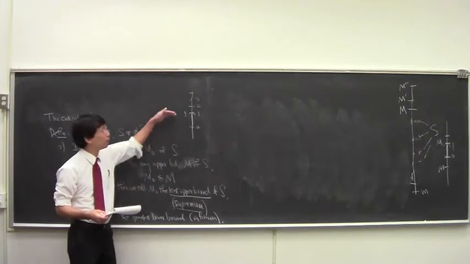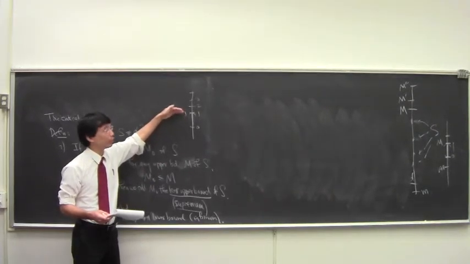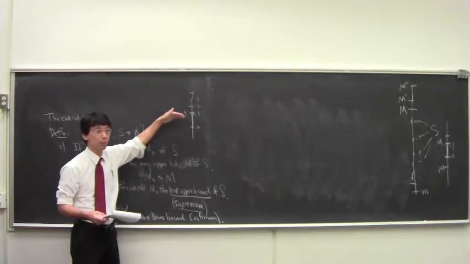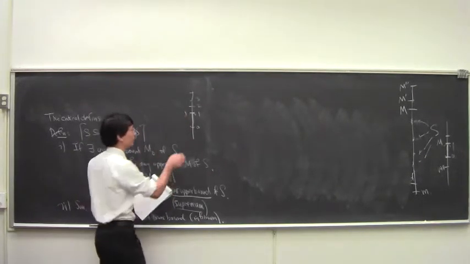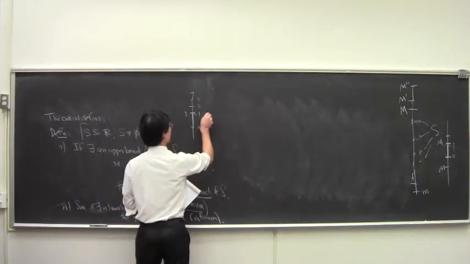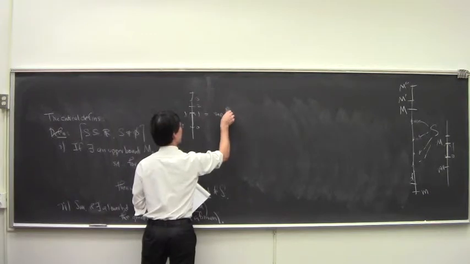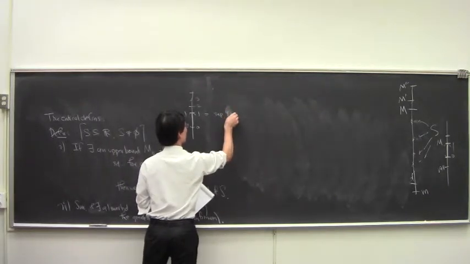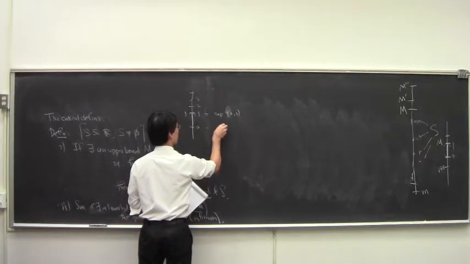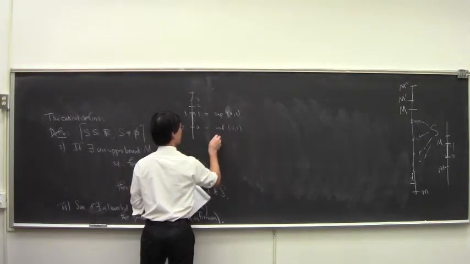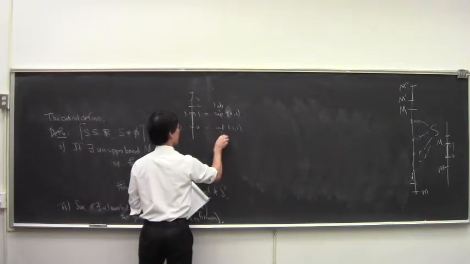But there's no upper bound that's less than 1. 1 is the least upper bound. So 1 is the supremum of the set 0, 1. 0 is the infimum of the set 0, 1. The least upper bound, the greatest lower bound.